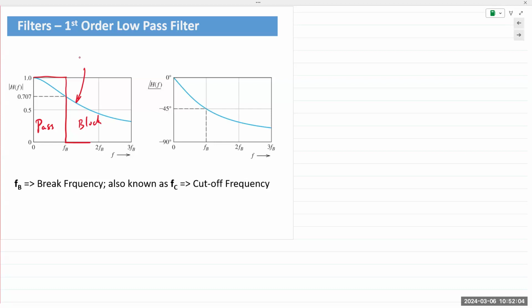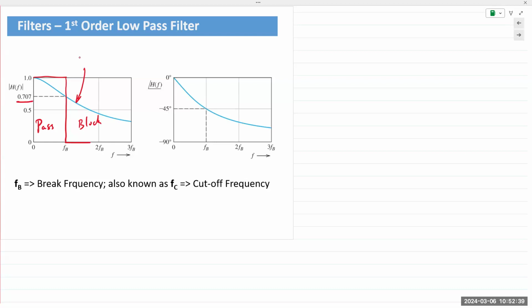So the point at which we consider the pass and the block band is the point where the output power drops to 50% of the input power. And we consider that as the cutoff frequency or the break frequency. The value of the output power drops to 50% or less beyond the cutoff frequencies. In terms of voltage and in terms of the magnitude of the transfer function, it turns out to be 0.707.